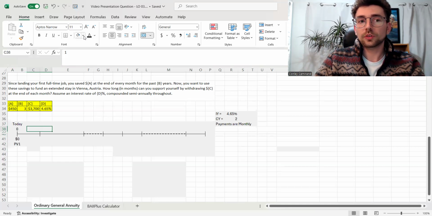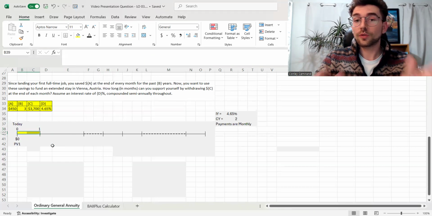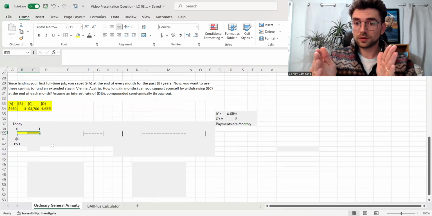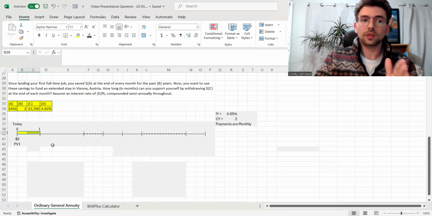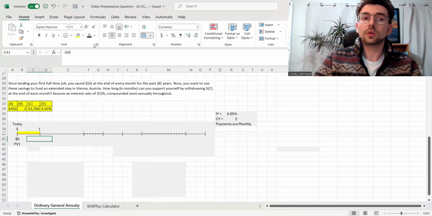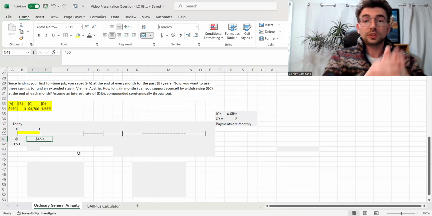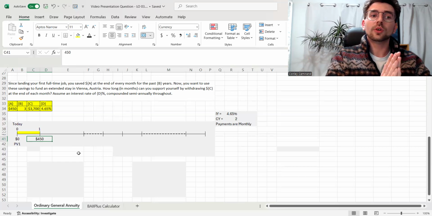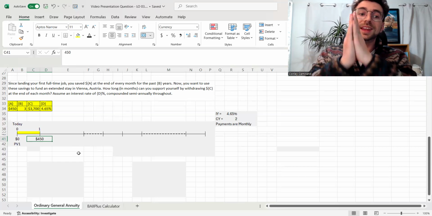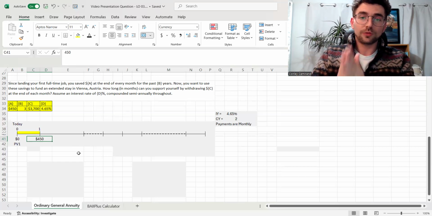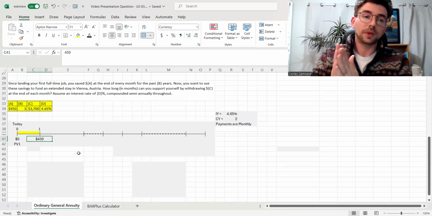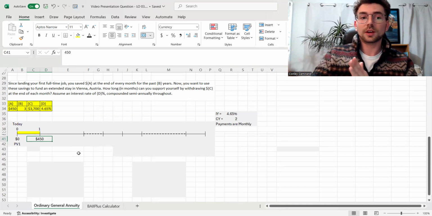Then at the end of the first month, we make our first payment of $450. Start with 0, a month goes by, make our first payment, and then we continue.